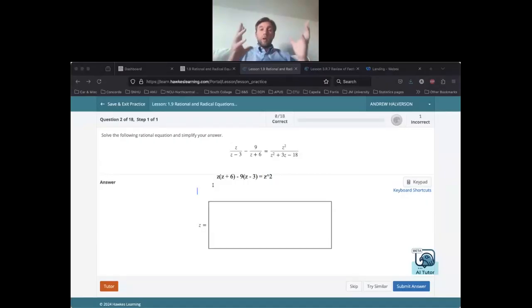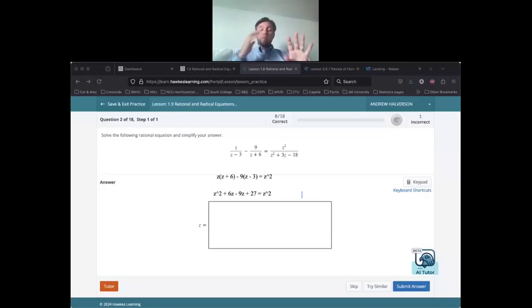You got to get rid of the parentheses, which means apply the distributive property. So z times z, z times 6 gives us what? Z squared plus 6z. And then we do the negative 9 times z, negative 9 times negative 3 gives us minus 9z plus 27. And then just bring down the right-hand side. Now, let's clean it up first.